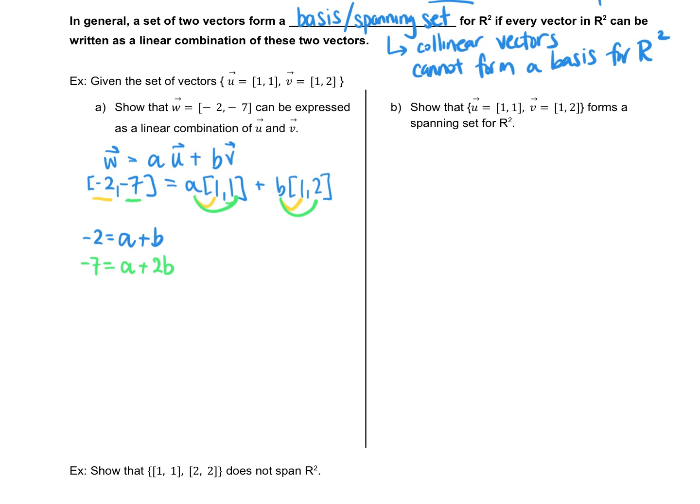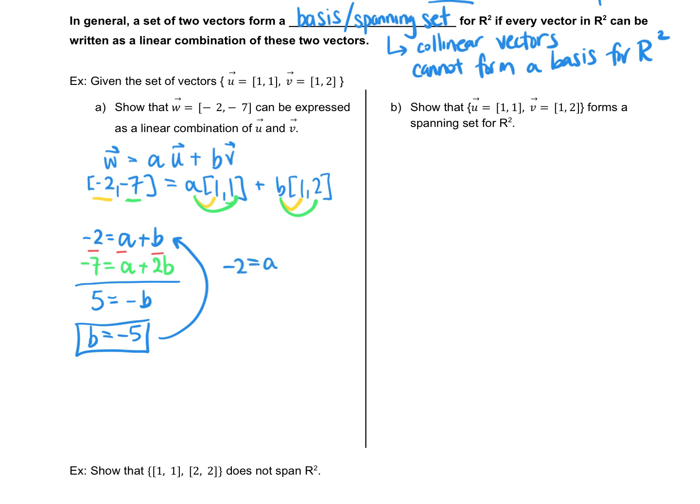Now the coefficients of a already match, so I'm just going to subtract my lines. -2 minus -7 is 5, a minus a is 0, b minus 2b is -b. And if I divide both sides by -1, I get that the scalar multiple in front of vector v should be -5. And now I can take this and plug it into my first equation.